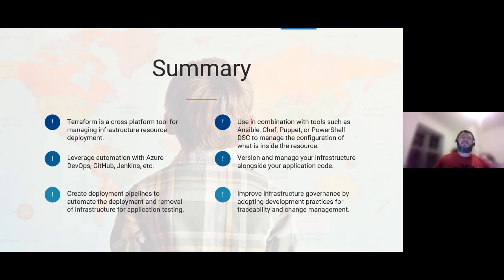As I mentioned earlier, adopt those development-focused approaches for how we manage our code. Version your infrastructure, version your application code, deploy them together as units of work through deployment pipelines, and it just really makes our lives a lot easier when it comes to the governance and management of infrastructure, and allows us to deliver value very rapidly, without having to do a lot of the work that takes a lot of time but doesn't realize much value.